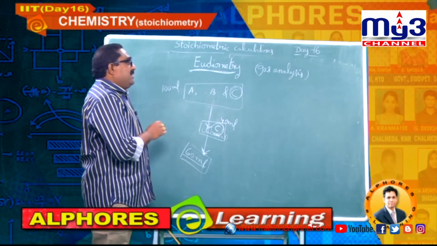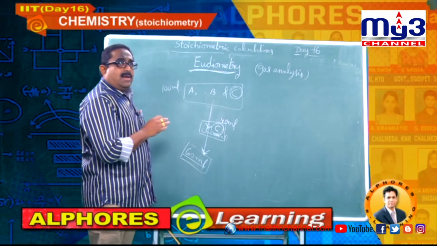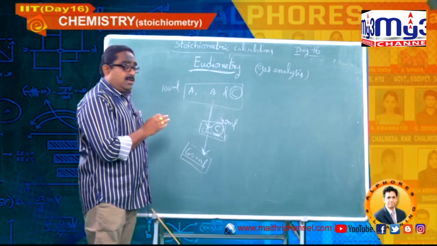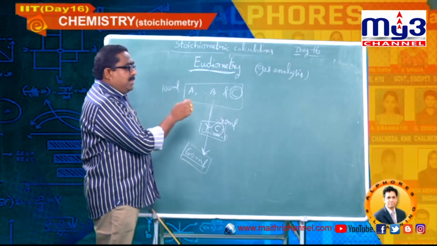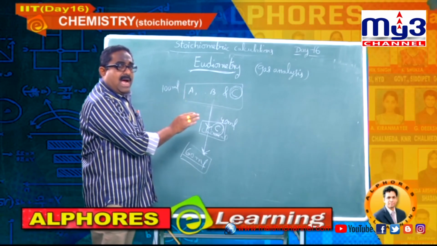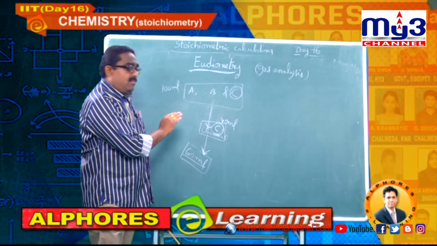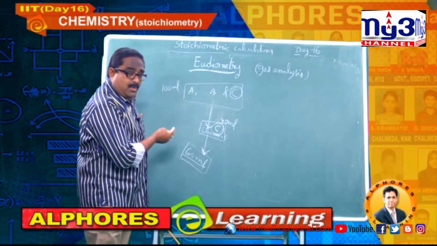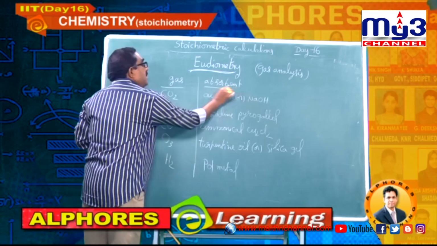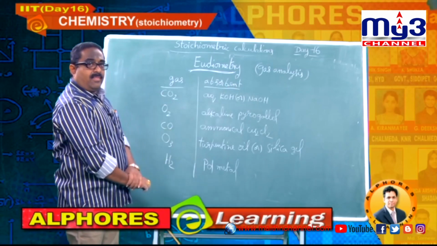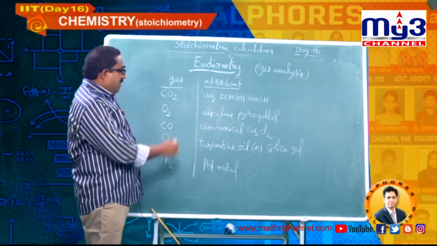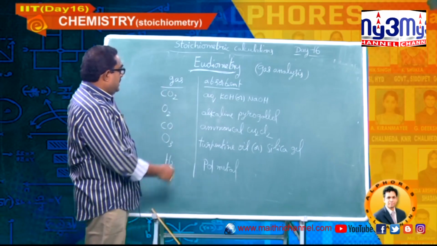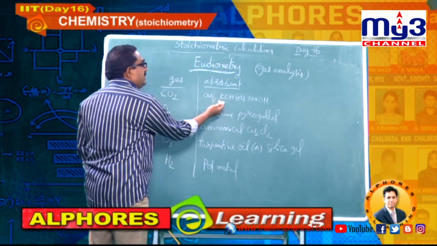Under this heading we are going to learn which is the suitable absorbent for which gas. First, let me give some examples and then we can go for the numerical approach based on this iodometry. Okay students, observe here I have given the list of gas and adsorbent.